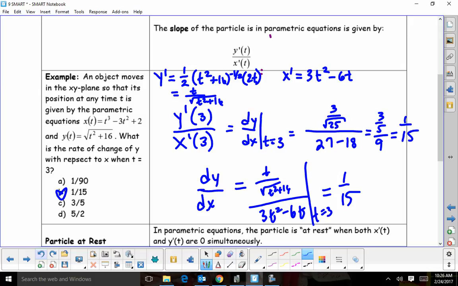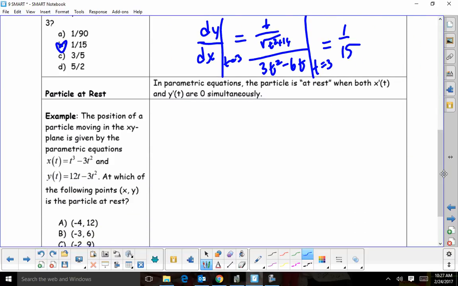Am I still at an error? Yeah, because now I have a general equals a numerical equals a numerical. Now am I okay? Yes. Do you understand where I could count you off? So be careful in your notation that you don't have a false statement here.